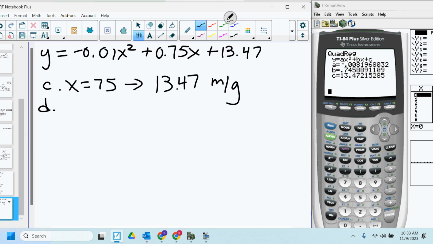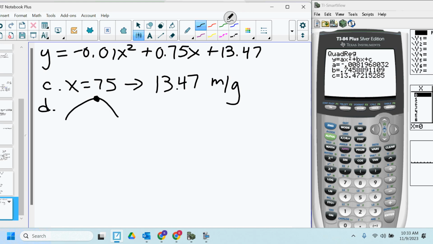So we wanted to know the best speed for maximum fuel economy. The keyword in that question is maximum. Think about my A value here. My A value is negative, which means my quadratic looks like this. If I think about my maximum point, this question is really asking me to find the vertex.